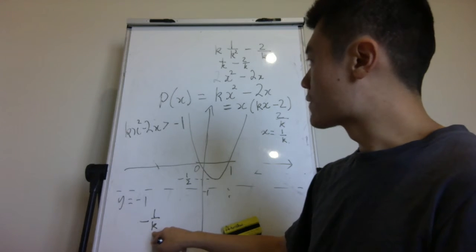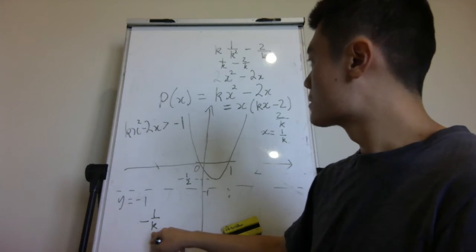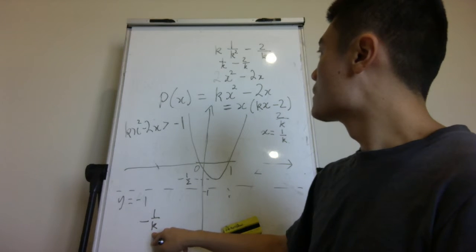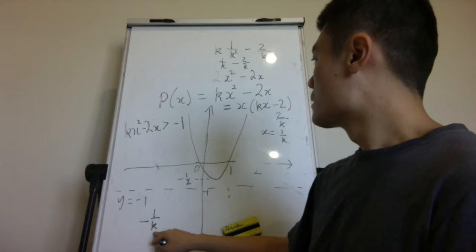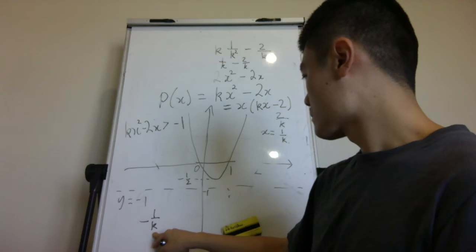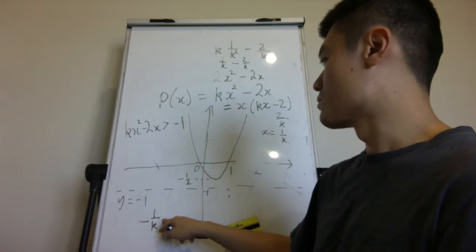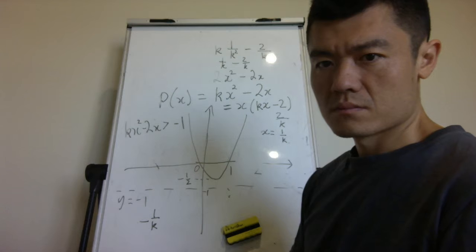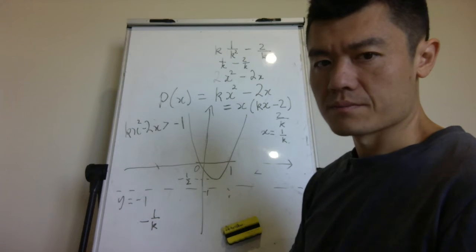So this shows you if k is anything bigger than 1, the minimum value will always be strictly bigger than minus 1. Okay?